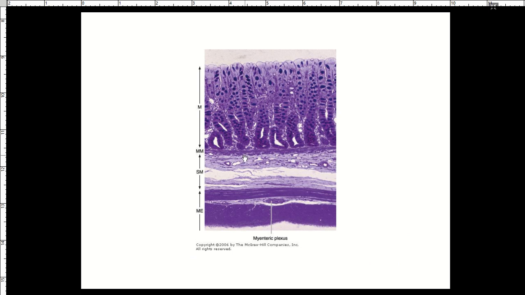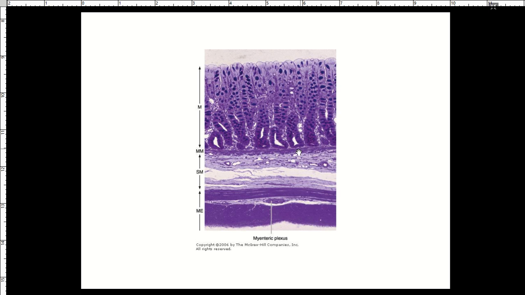So you can actually appreciate, right, that this is your submucosa, your muscularis mucosa here, your mucosa here, right? And you can actually see some pits, your crypts of Lieberkühn, and simple columnar epithelia interspersed with goblet cells, right?